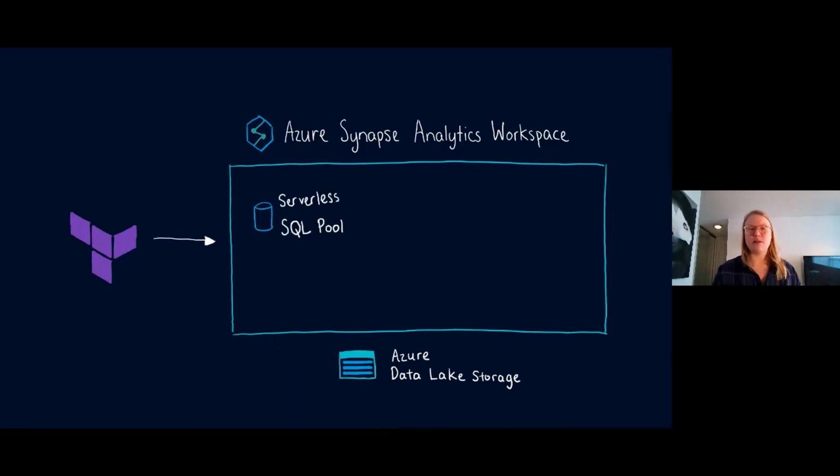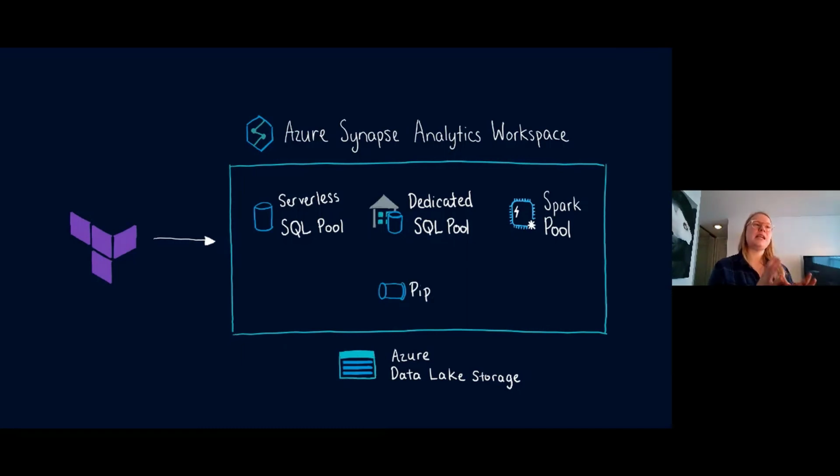So that's all fine. And we're able to create the dedicated SQL pool. And if we're going to need a Spark pool, that we're also able to create with Terraform as well. Of course, then the pipeline capability is there when we create our Azure Synapse Analytics workspace, but actually with Terraform, we are not able to create the pipeline definitions.